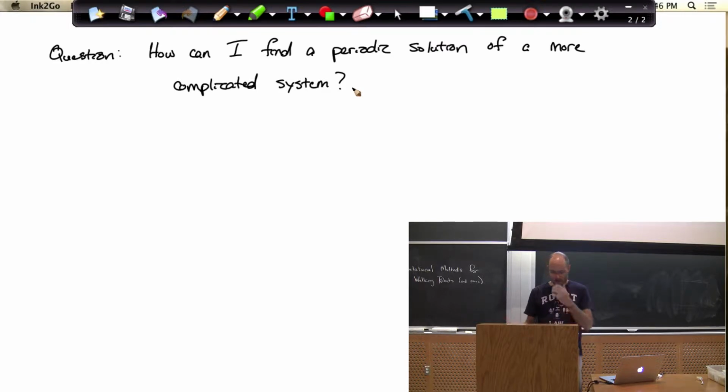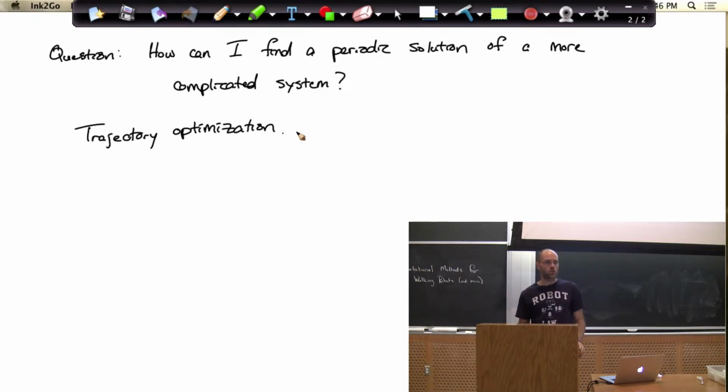How can we find that? Turns out you can formulate this problem and many more with the tools from trajectory optimization. And I hope this doesn't surprise you, but maybe it's a reminder of just how general and potentially powerful the tools we've already started to show you are for thinking about dynamical systems.